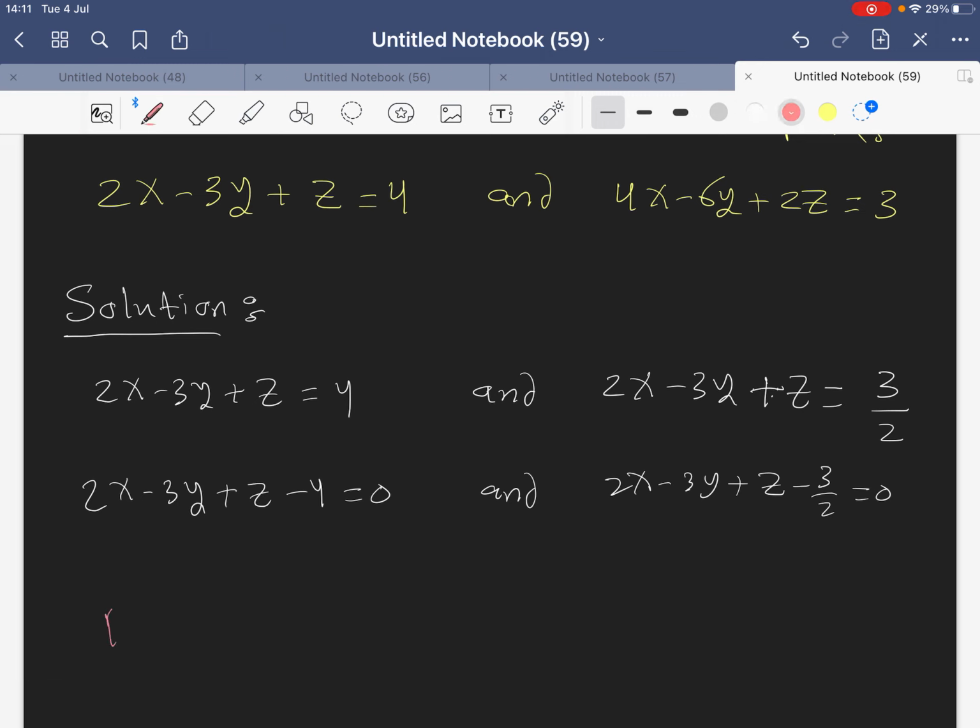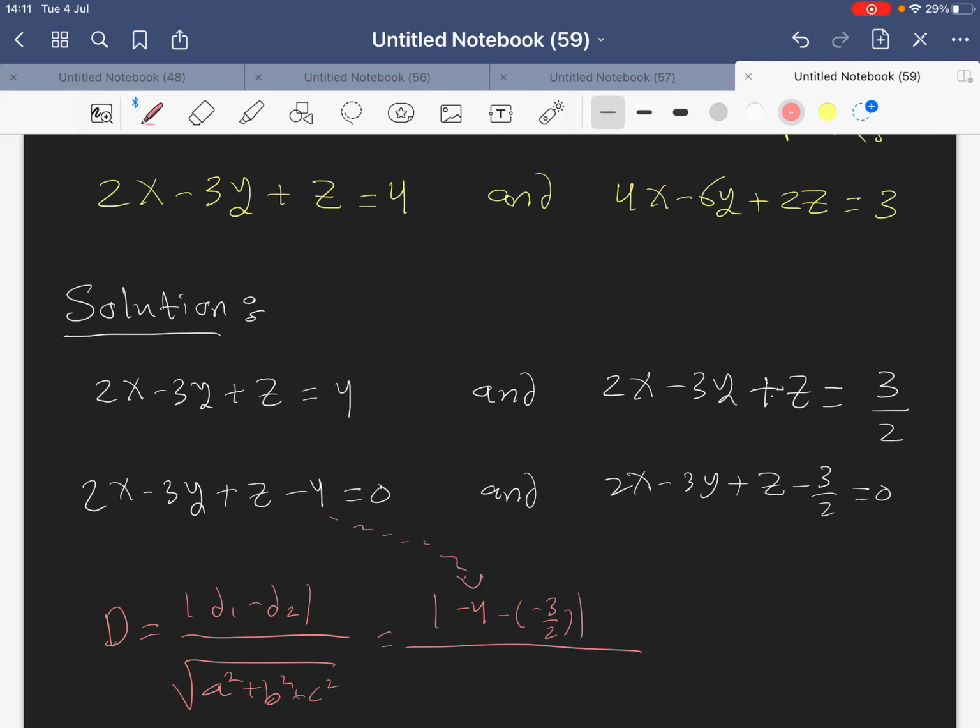And now we apply the formula. What was the formula? The formula was d1 minus d2 over the square root of a squared plus b squared plus c squared, which is the same for both equations. So it will be negative 4 minus negative 3 over 2. This is d1 and d2. You can easily see them.